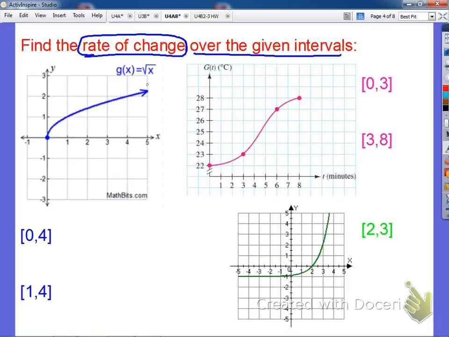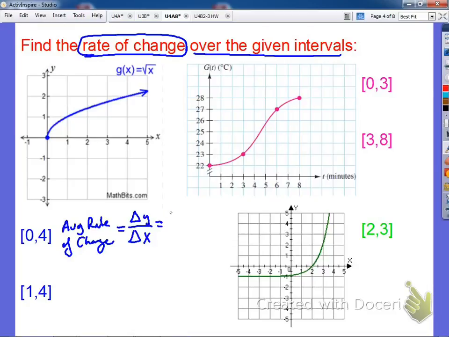So, here's how you do it. The average rate of change is defined to be the change in y over the change in x. The rise over the run.